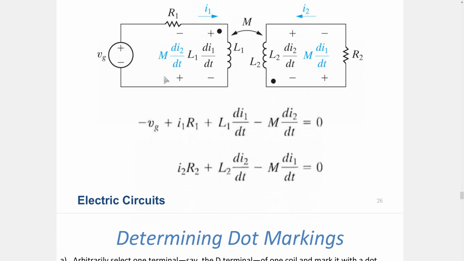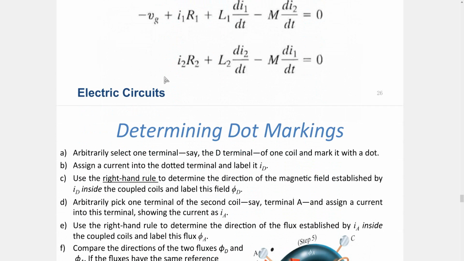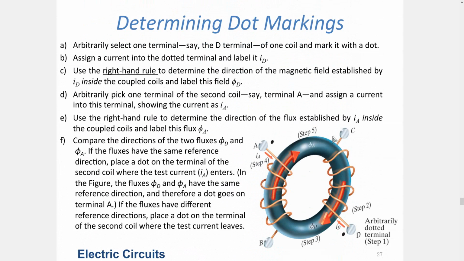So how do we define these dot markings in practice? Let's say we have some inductors, some toroid or some iron core. How do we define it by inspecting the physical structure of an inductor? Typically, mutual inductance requires two inductors coupled somehow.